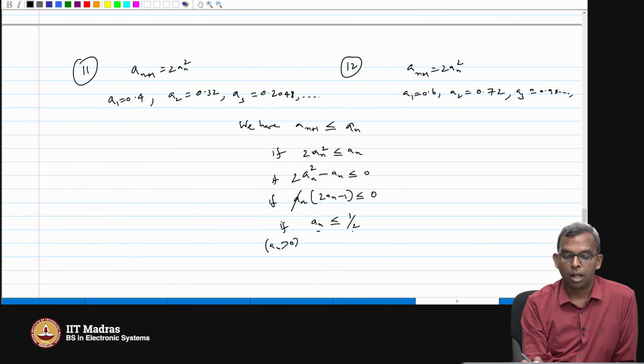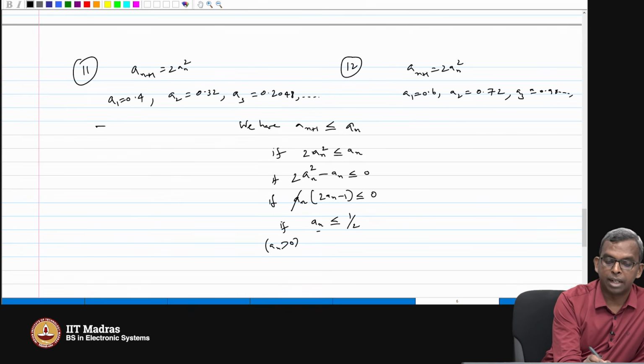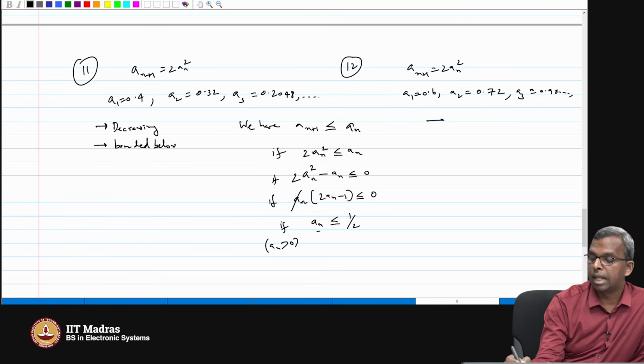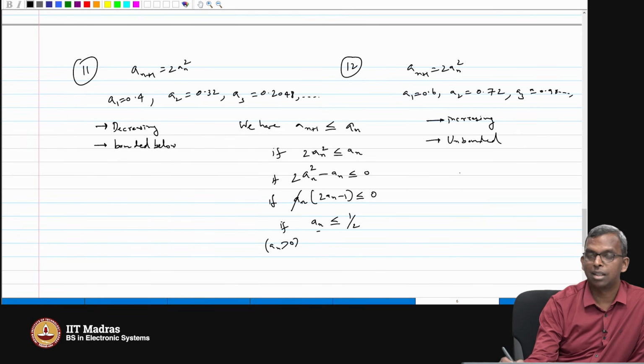Okay. Now that's the first and crucial property. So this 0.4 sequence is going to be decreasing, and it is bounded below. Okay. So this other one is increasing and it is unbounded. So this is sort of easier.